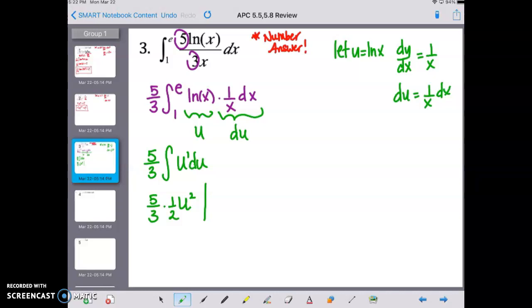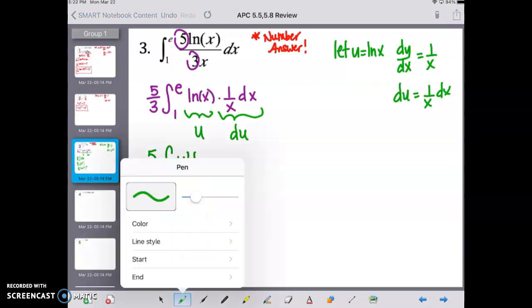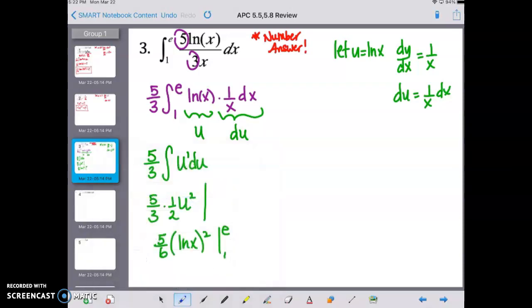So let me just simplify this one more time here. 5/3 times 1/2 is going to be 5/6, and then u was natural log x, and that's squared, and I am evaluating this from 1 to e. So now I'm going to go ahead and evaluate this.